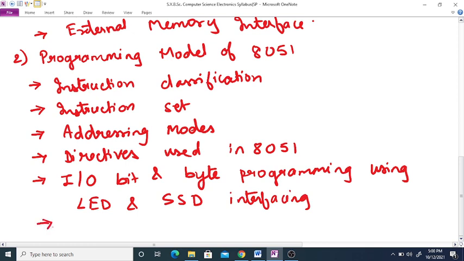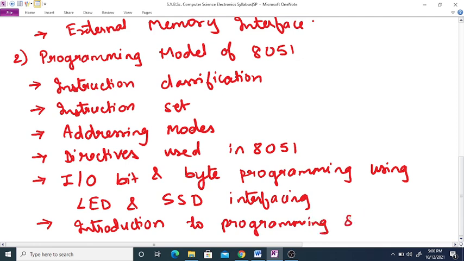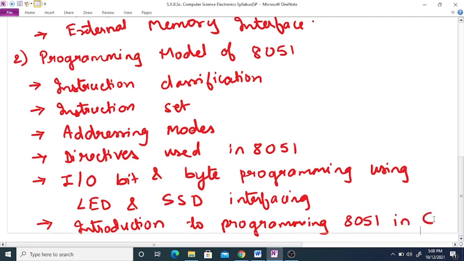The next point, introduction to programming (8051) in C programming.